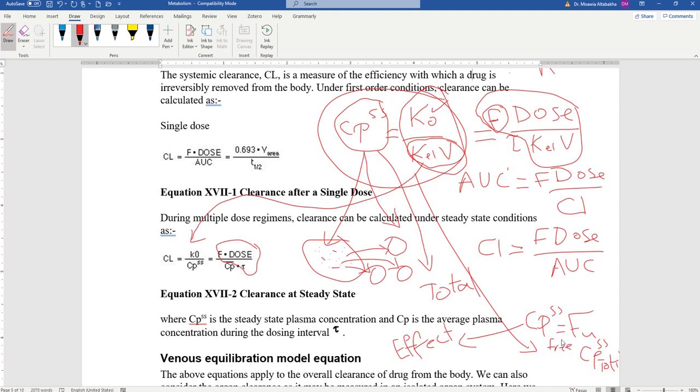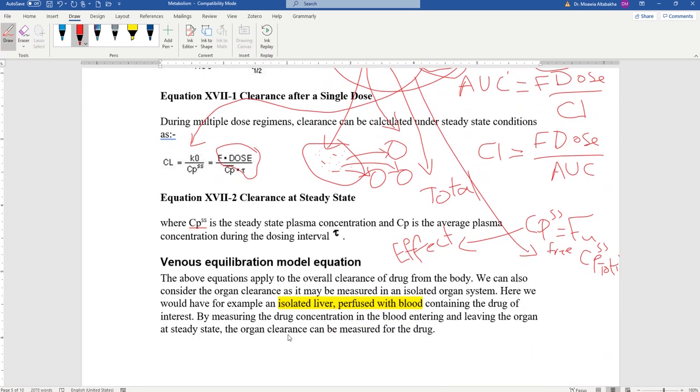Why I'm talking here about the free drug, later you will come to realize that it has an influence on drug-drug interaction.